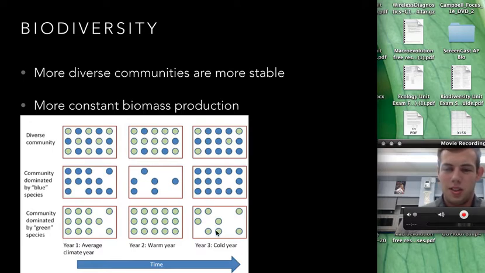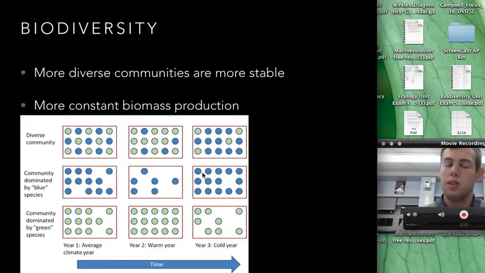And in these, there's all this vacant space that could be filled in by another species. However, in our diverse community, we have these other species to fill it in. So the amount of biomass across the diverse community remains constant, remains stable, while these other ones that are single species, not very diverse, have big fluctuations in biomass.